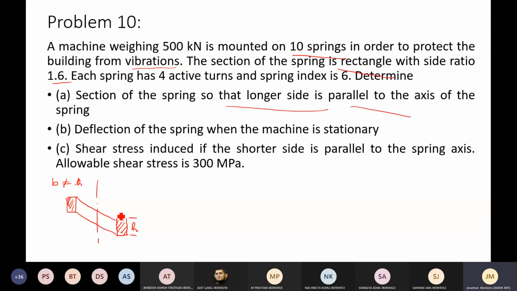But at the same time, it is not the case with each and every beam. Similarly here, we have the cross section H being more than the width B. H is not equal to B and H is more than B, then what is the side ratio? I can say that side ratio 1.6 means H by B should be equal to 1.6.